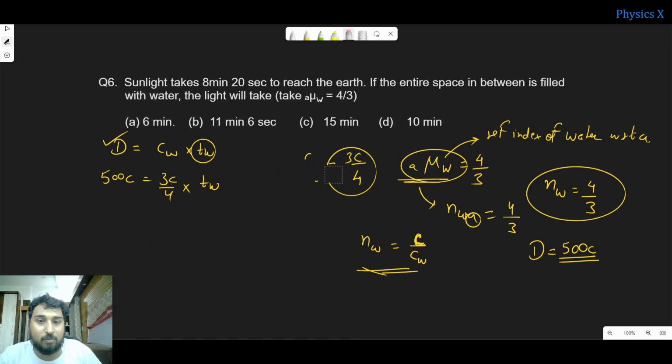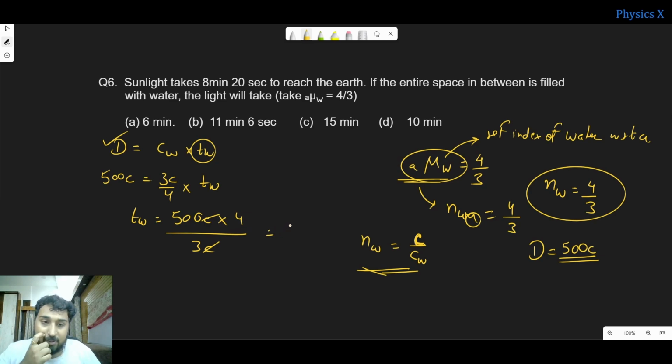I will be now solving this. So tw is 500c into 4 upon 3. So this 3 gets cancelled and this is 2000 by 3.